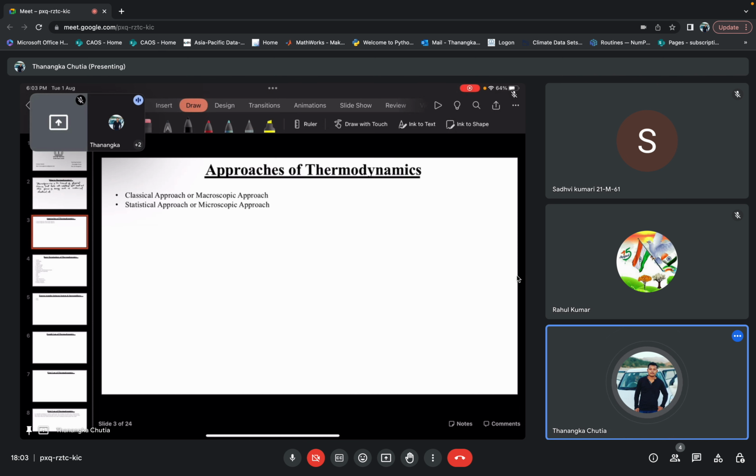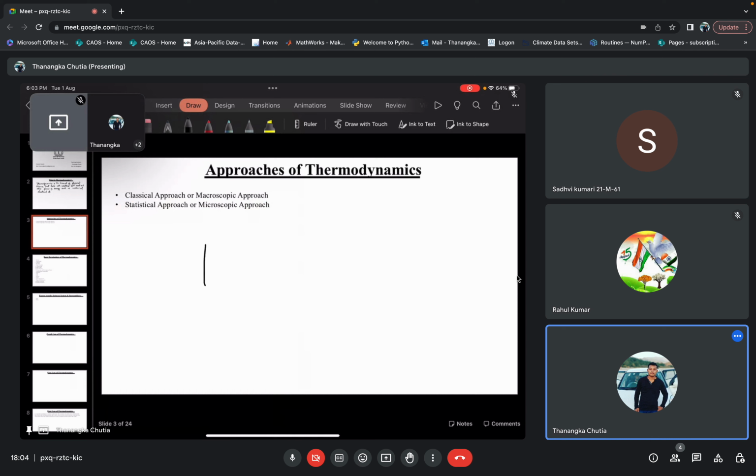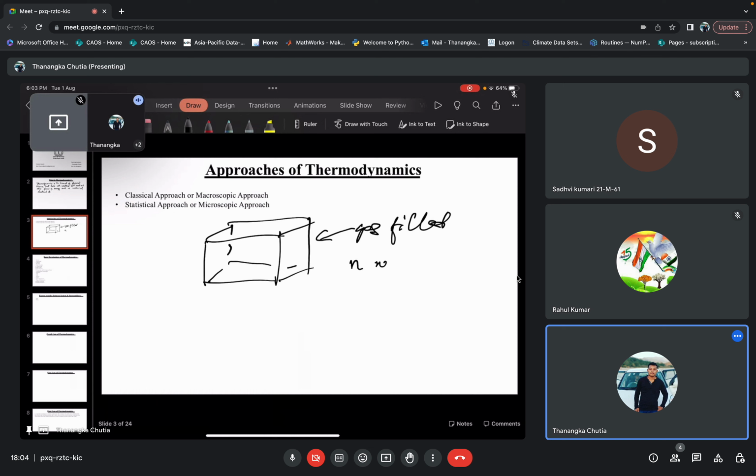Now suppose I have a container, and I have some gas filled in here. Suppose there are n number of gas molecules.